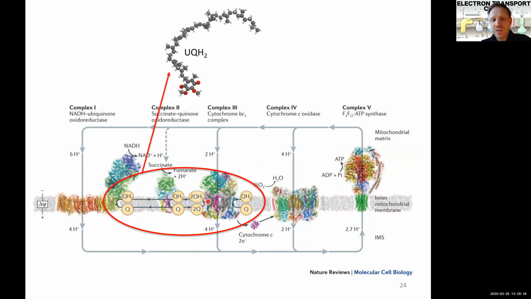And then complex 3 will actually transfer them over to cytochrome C right here, one at a time, right? Remember, cytochrome C has a heme as an electron carrier. That's an obligatory one electron carrier. So we do it one at a time, but they will be transferred now from complex 3 via cytochrome C to complex 4.